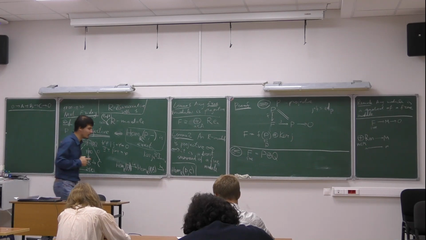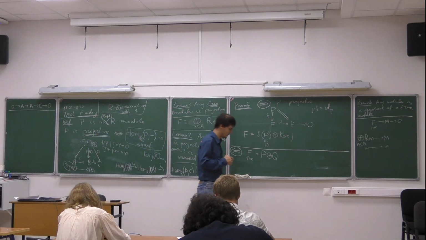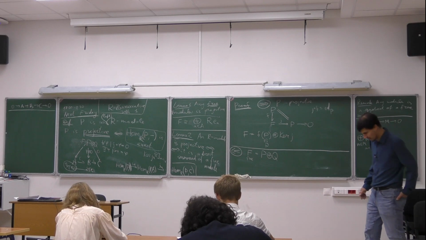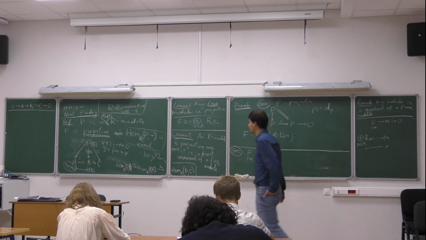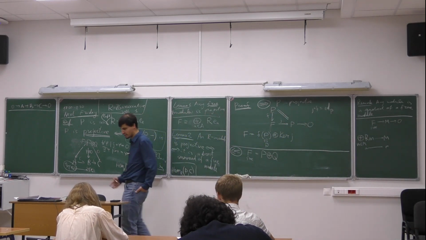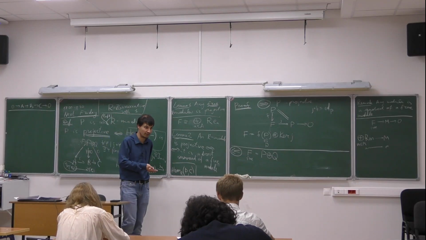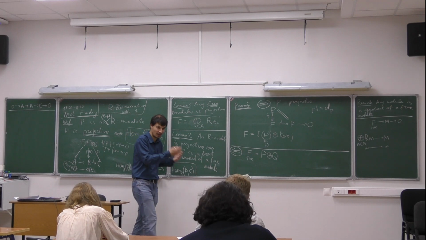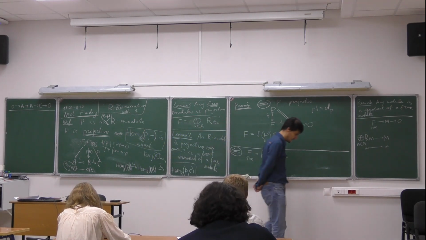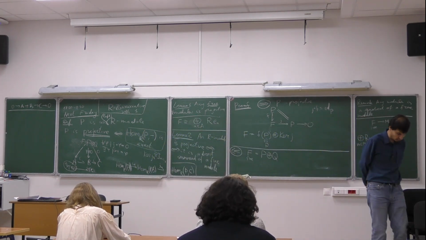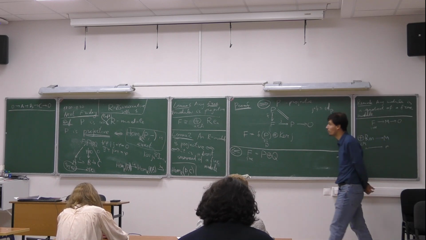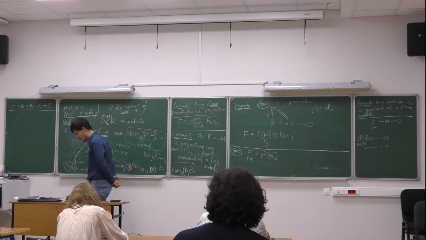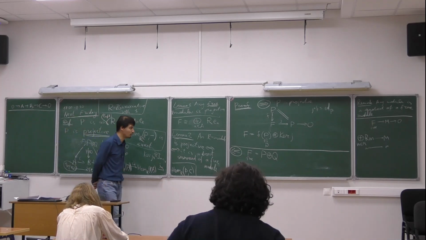One thing which I need to say is that at this point a natural question is whether any projective module is free. Of course any free module is projective, but whether there exist projective modules which are not free. For some rings it is true that any projective module is free.